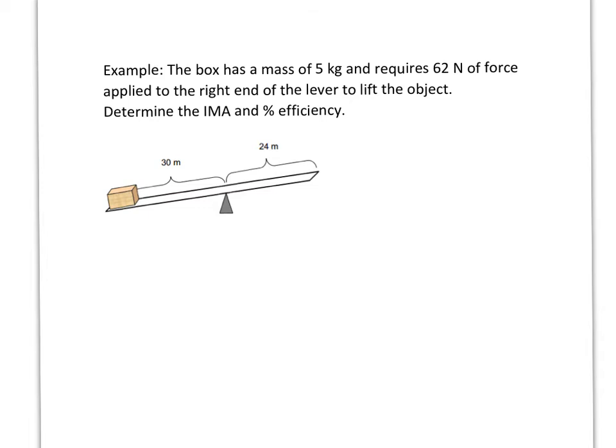We'll just do one example. Looking at this lever, it tells you the box has a mass of 5 kilograms and requires 62 newtons of force applied to the right end of the lever to lift the object. So your applied force is going to be right here. That would be my F in. Because the fulcrum is between the object and the input force, this is a first class lever. We're looking for the IMA and the percent efficiency.